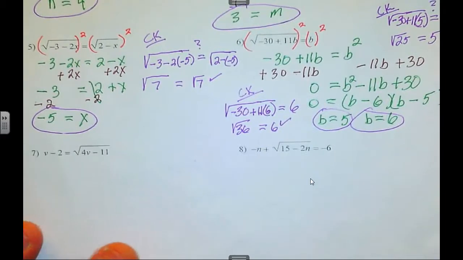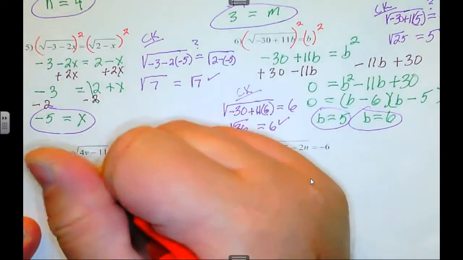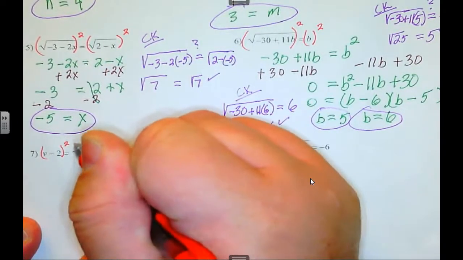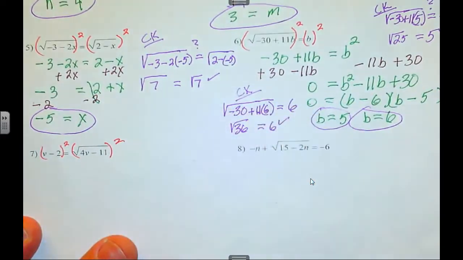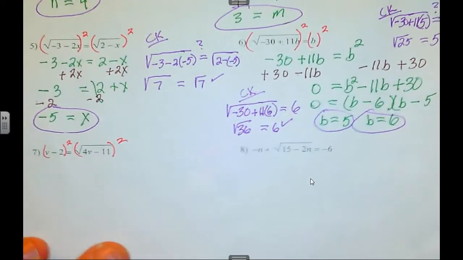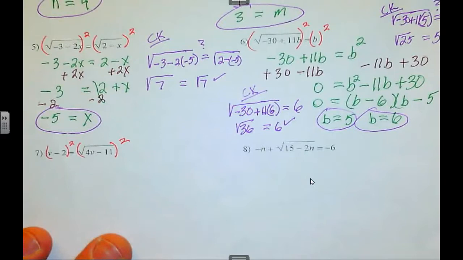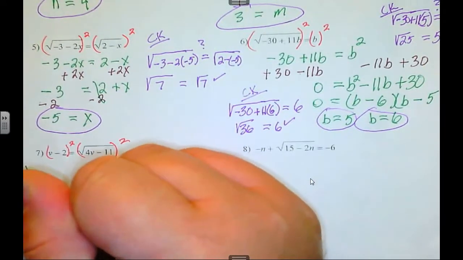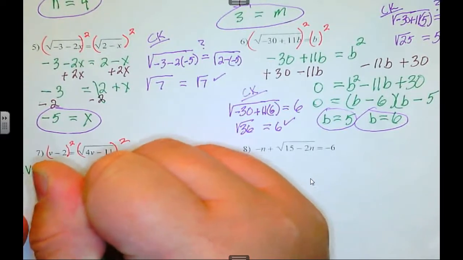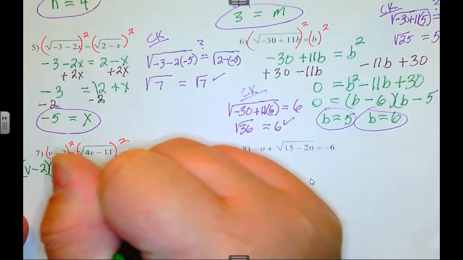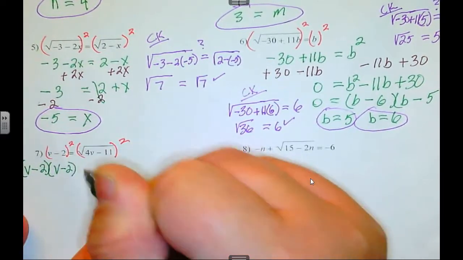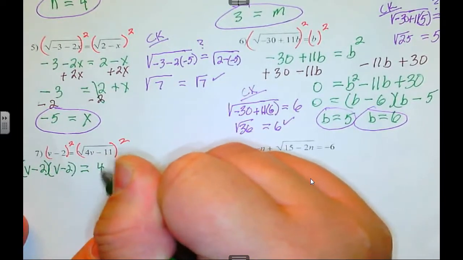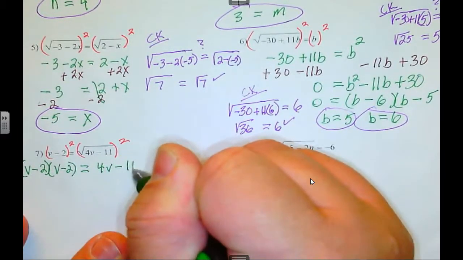Okay, number 7. Square both sides. How do we square b minus 2 squared? Well, we're going to have to FOIL it, right? b minus 2 times b minus 2 equals 4b minus 11.